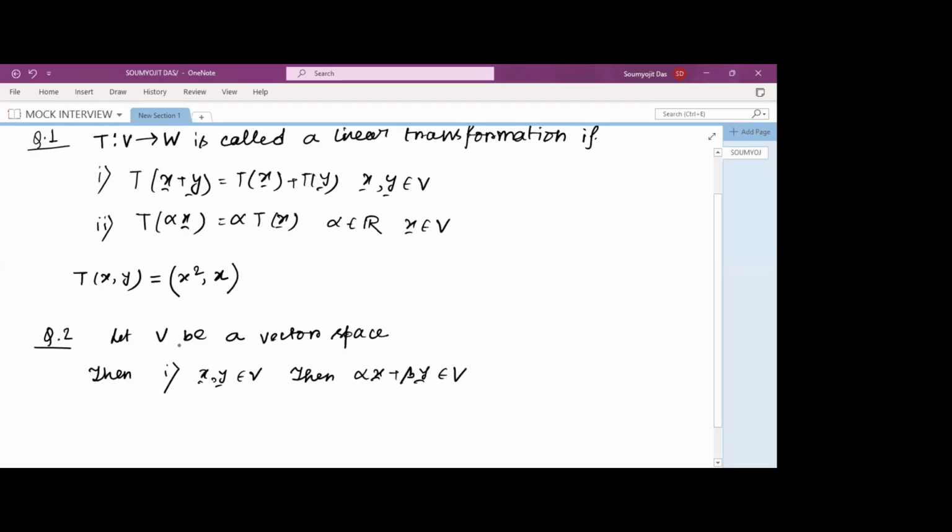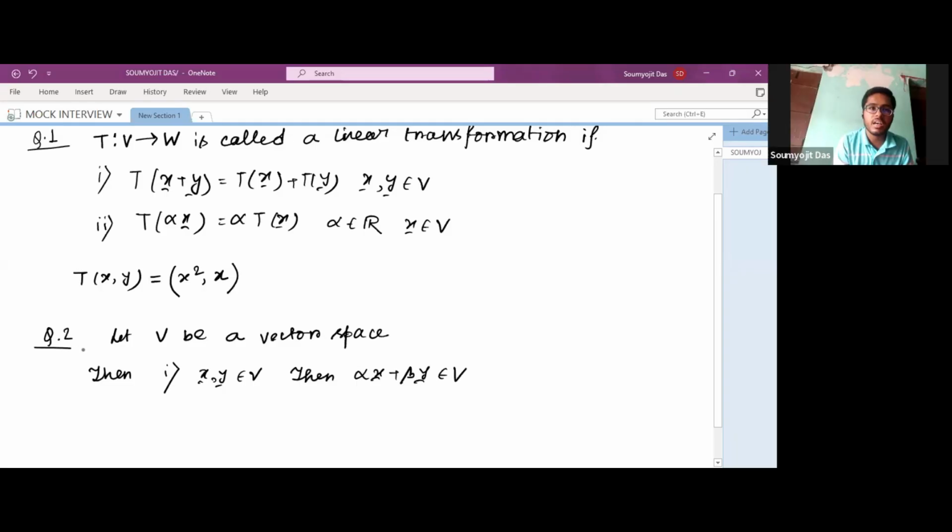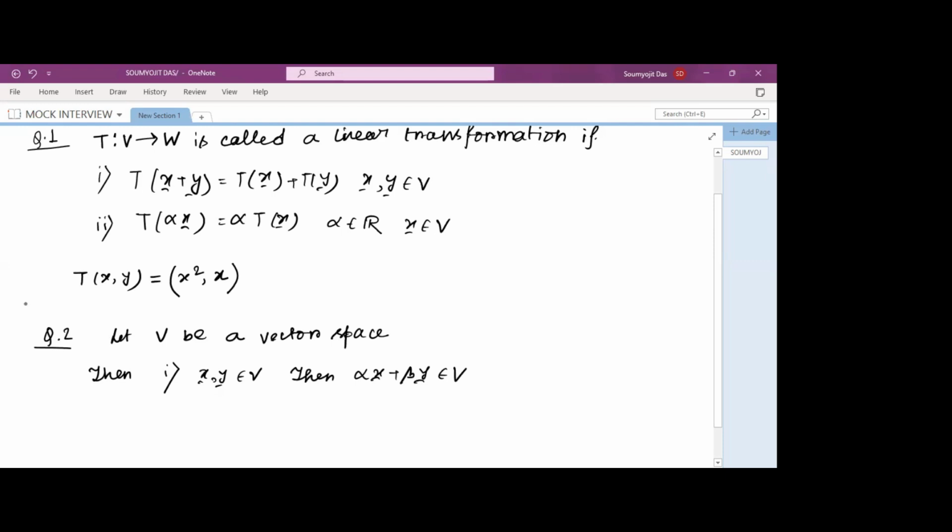So do you know some example of an infinite dimensional vector space? No, sir. Currently, I'm unable to recall anything about that. Okay.